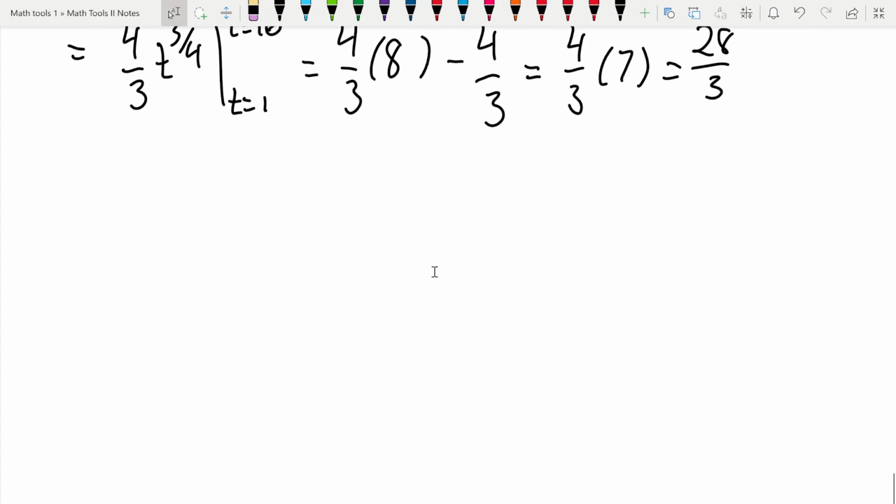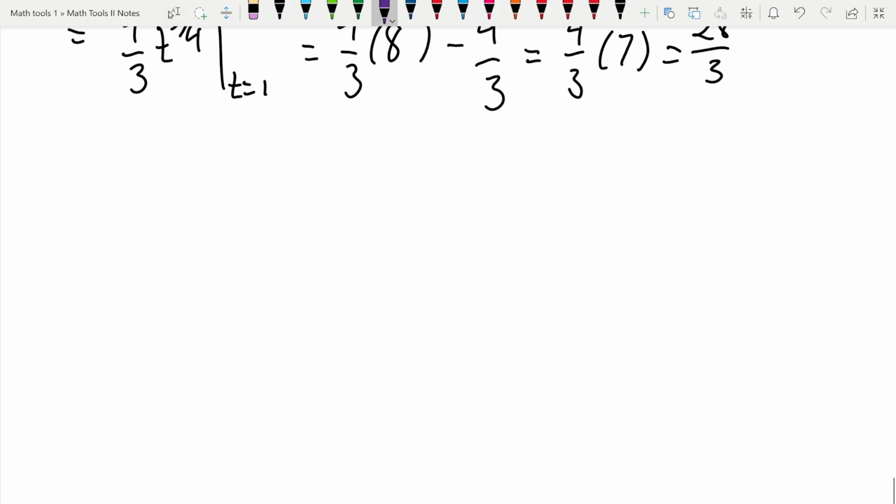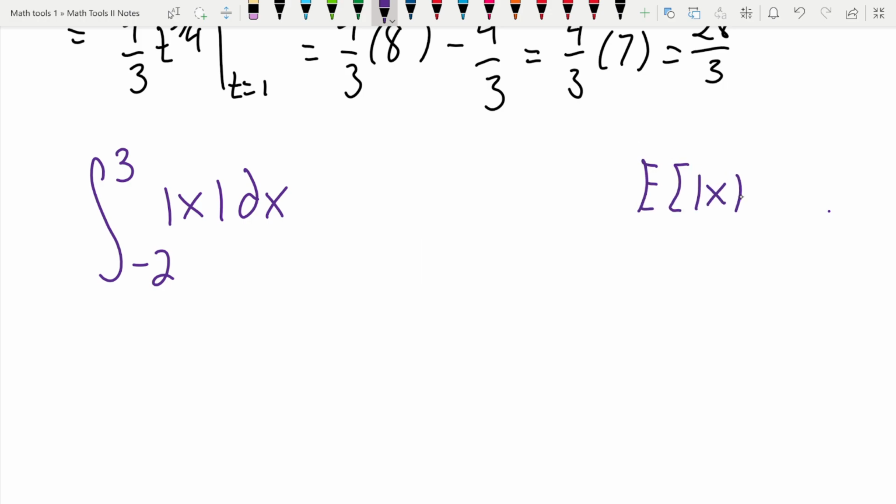So now let's look at some with absolute values. These actually come up a lot in theoretical probability, because often you need the expected value of the absolute value of x to be less than infinity, just for certain things like some type of law of large numbers.